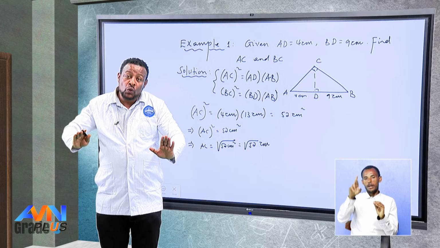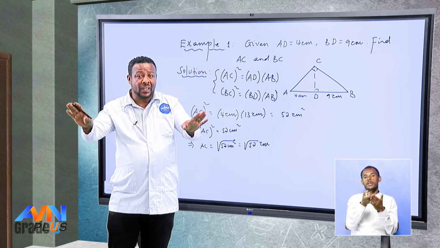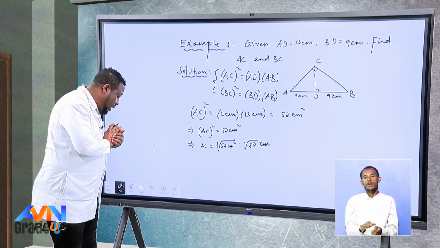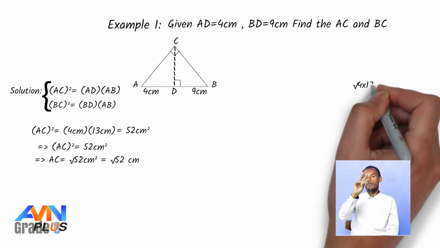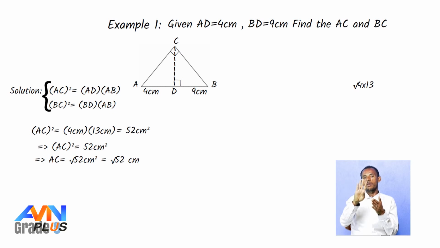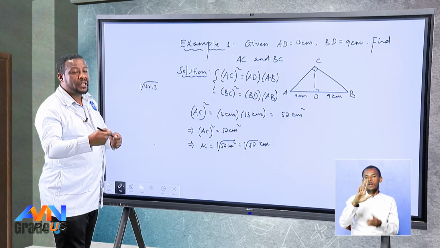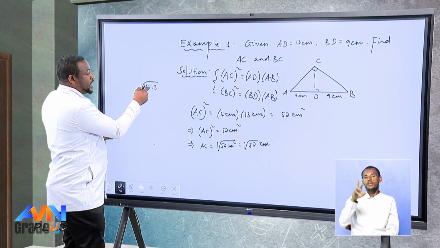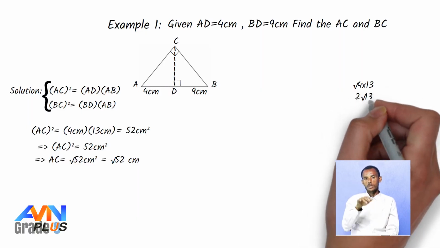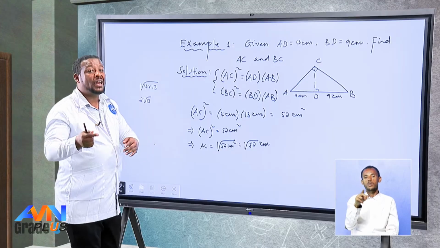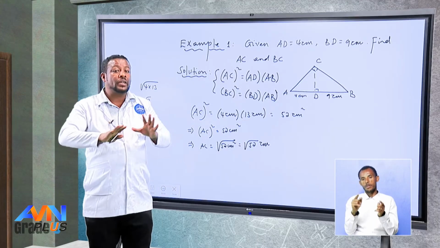Radical 52 can be written in different ways. One way is that radical 52 can be written as 4 times 13. 4 can be taken out from the radical, so that radical 13 will remain, then this becomes 2 root 13. Okay, you need to be familiar with different ways of writing a certain number.